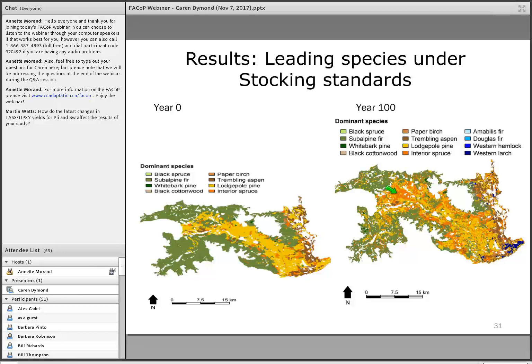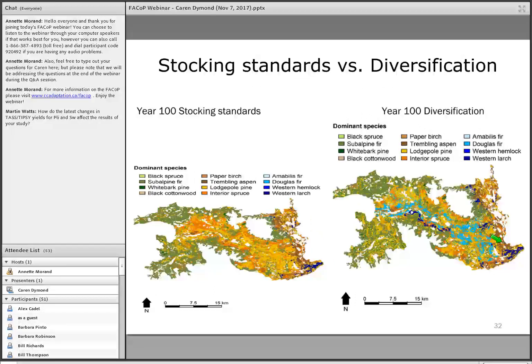Under the stocking standards, we see a lot more orange, which is interior spruce that's coming in through the planting following harvest. And then in the southeast corner, we see western larch, which isn't native to this immediate area, but under the climate change adaptation stocking standards, it's allowed to be planted, and it's doing well enough to dominate these stands.